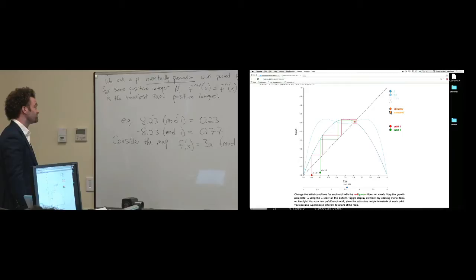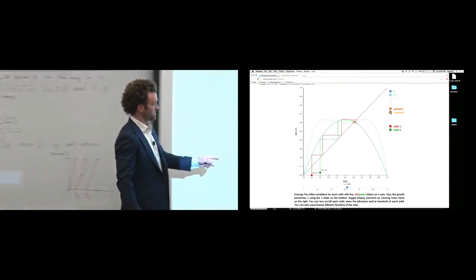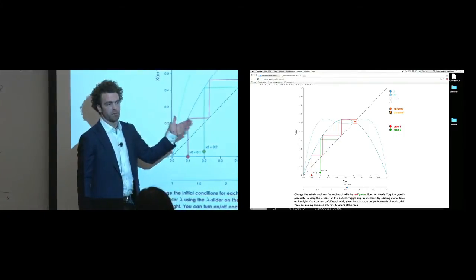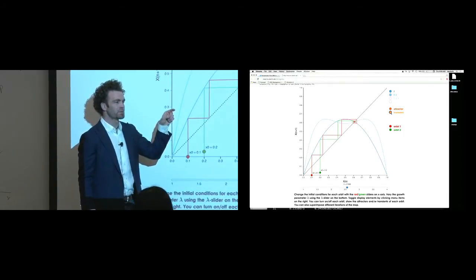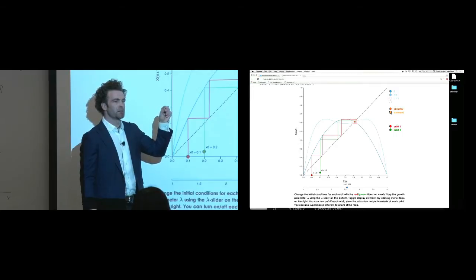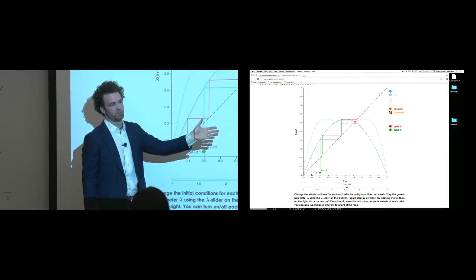However, by hand, if we were doing this analytically, the green orbit and the red orbit never actually get to that point. They just get closer and closer. Because the cobweb, in the limit, the length of those lines is going to 0, but it's never 0 for any integer number of iterates.